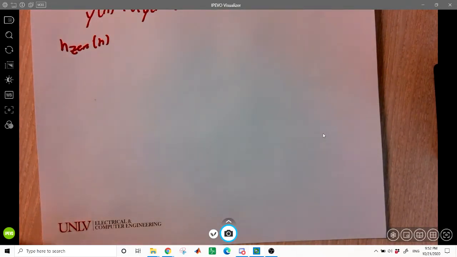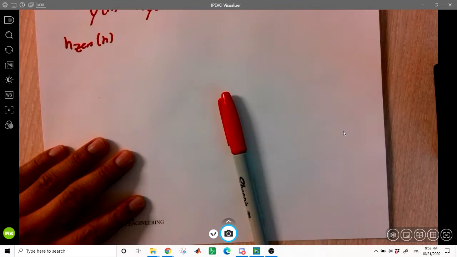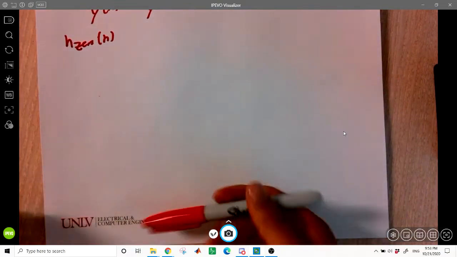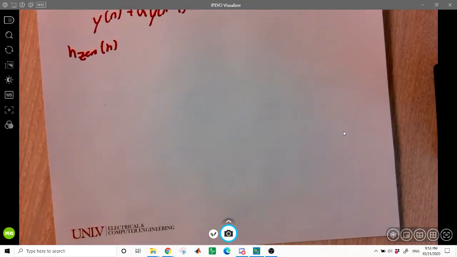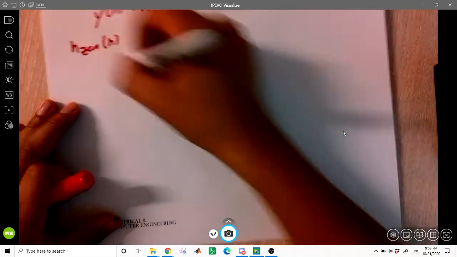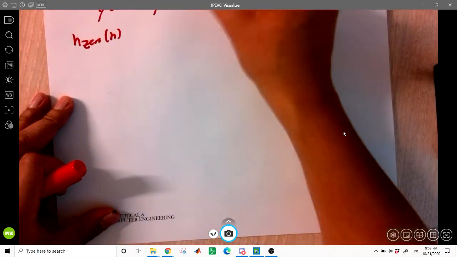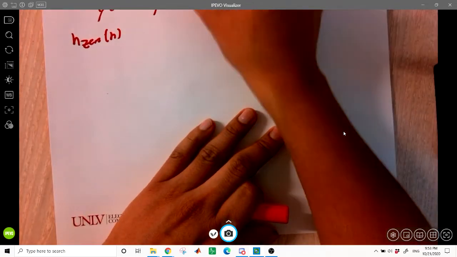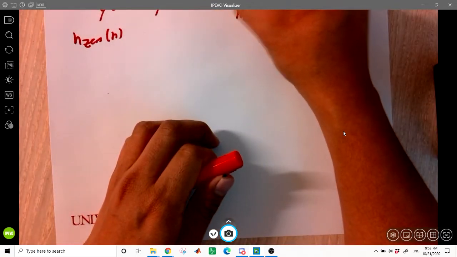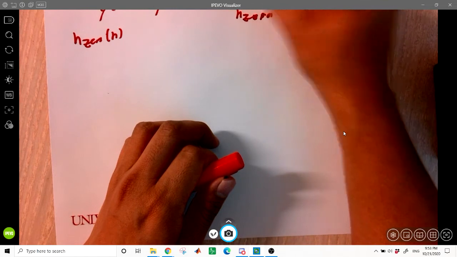And from Dr. Stuber's class, h of zeros is basically what we're trying to do with our inputs. With the h of zeros, we're taking an analysis of this term right here. So we're going to look for the zeros of this.